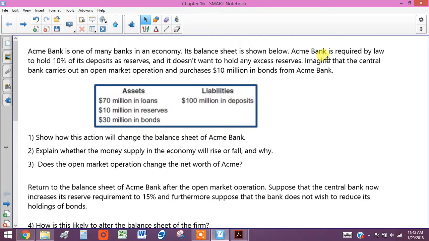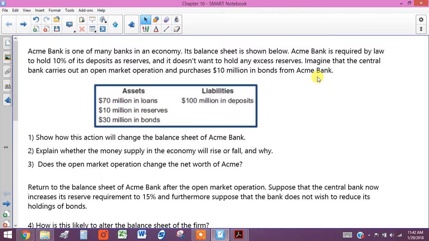What is happening here is there's an open market operation when the central bank, or in the case of the United States, we call it the Federal Reserve Bank, purchases $10 million in bonds from Acme Bank. Now think about that. Which way is the money flowing if the central bank is doing the purchasing?